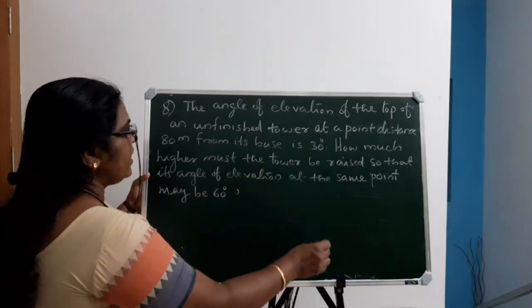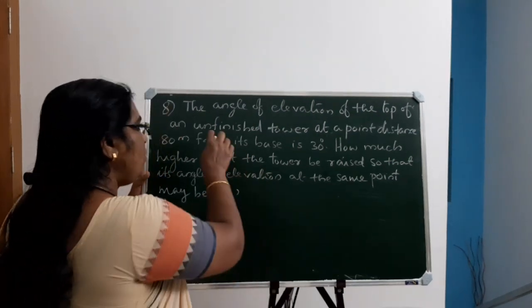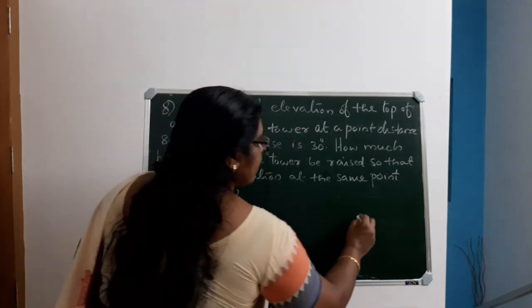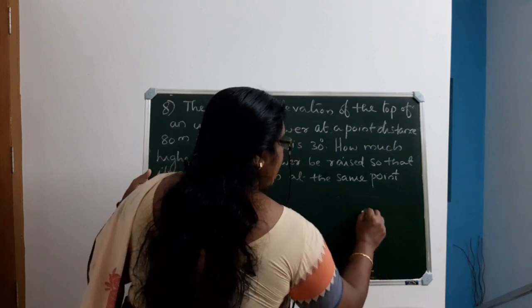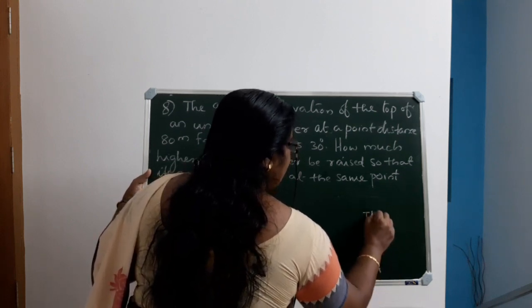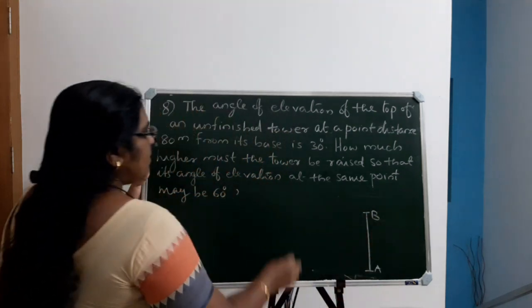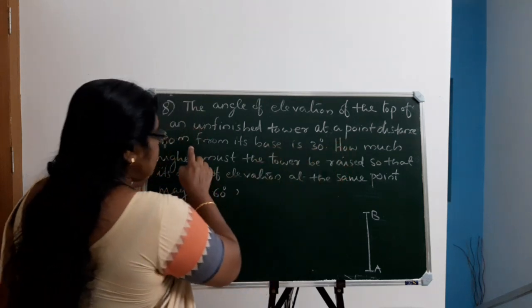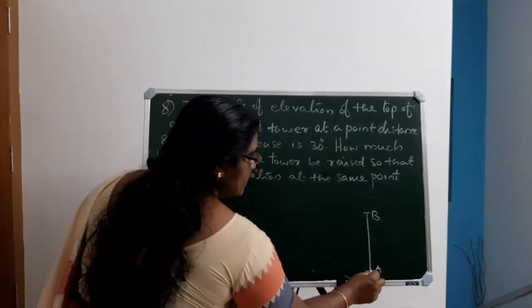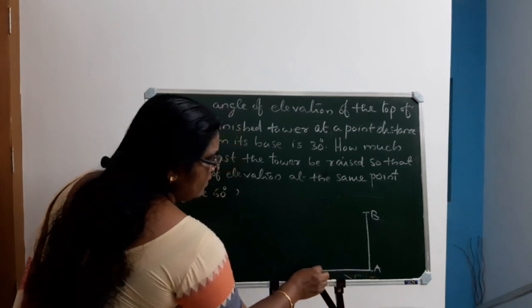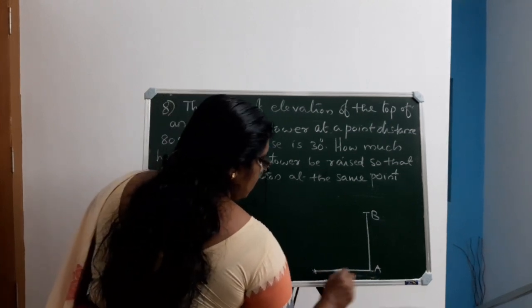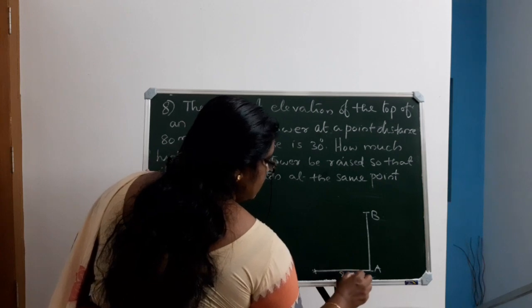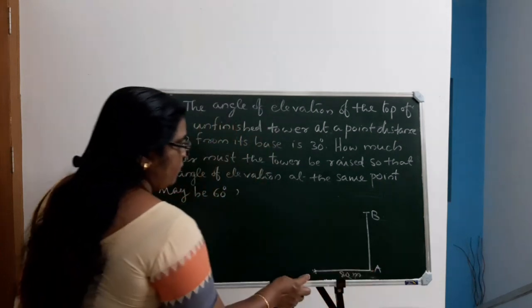So this is the diagram. Angle of elevation of the top of an unfinished tower. Let AB be the unfinished tower. At a point at a distance of 80 meters from its base.